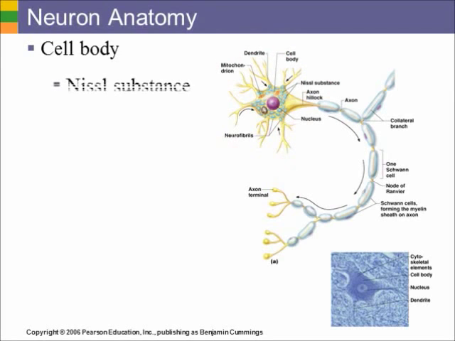Okay, the cell body has a substance inside it called Nissl substance. Now, as we go through the rest of this course, as we start studying different systems, you're going to find cells have different names for the same structures. For example, Nissl substance is the neuron's name for rough ER, rough endoplasmic reticulum.